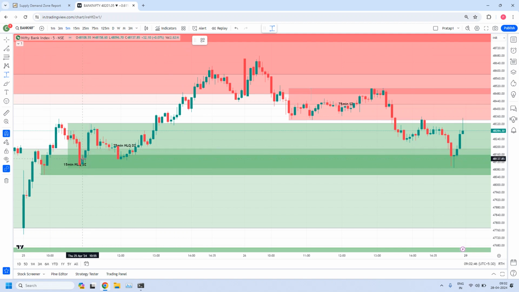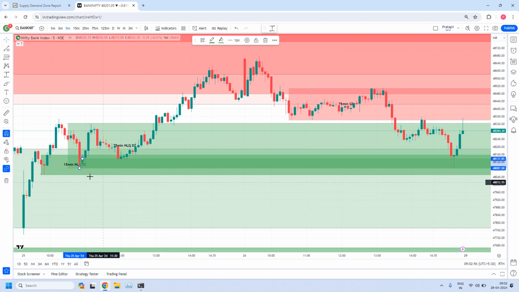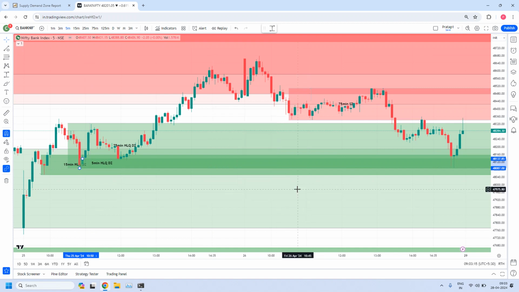We have 2 base candles, but I am drawing the second one only, because the real order flow is from here. This is the 5 minutes HLQ demand zone.